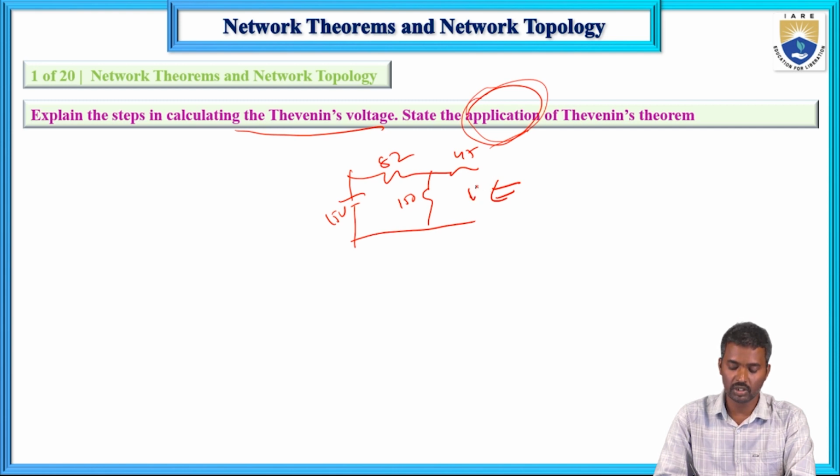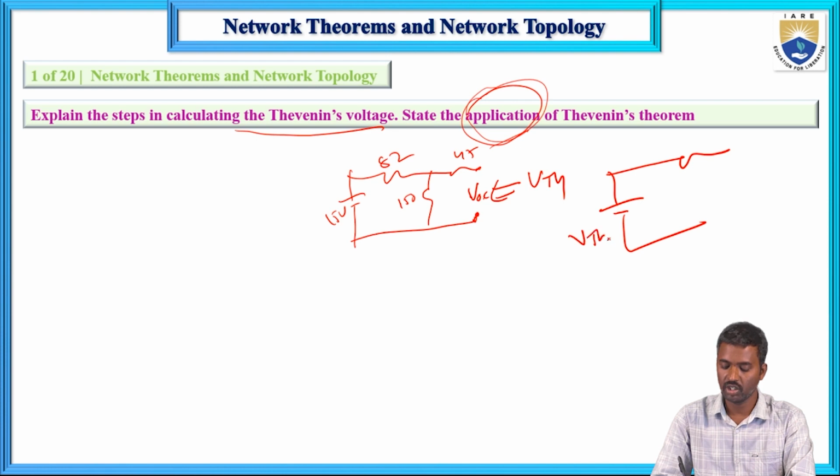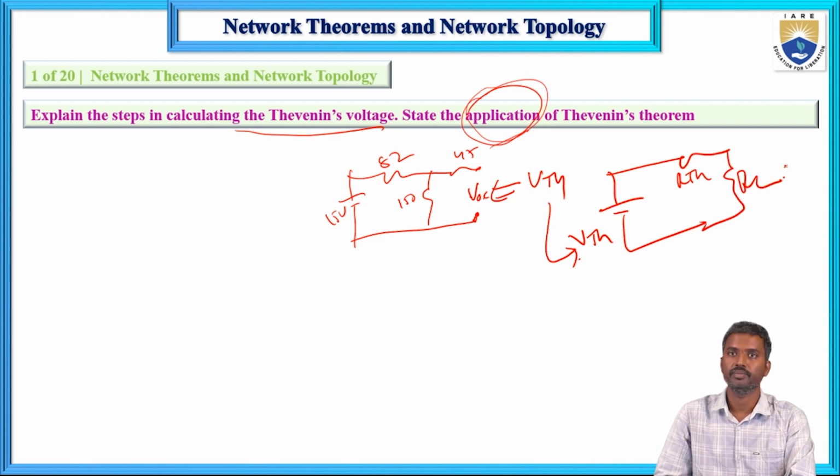Remove that load resistance, and that leaves an open circuit. Calculate that open circuit voltage. That open circuit voltage is known as the Thevenin's voltage. This is VTH, and you can substitute it in the Thevenin's equivalent circuit, and this is the RTH, and this is the RL load resistance.